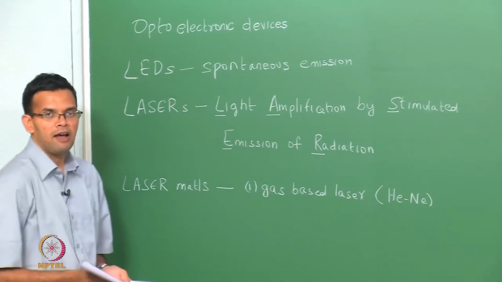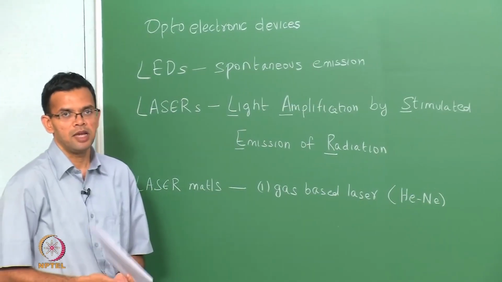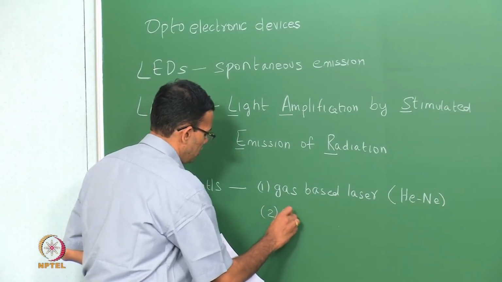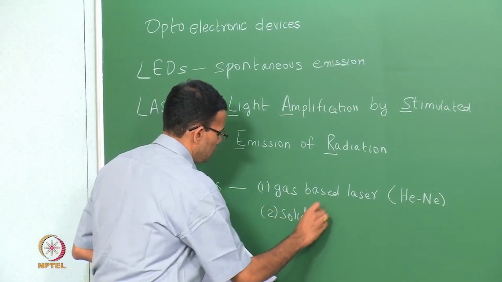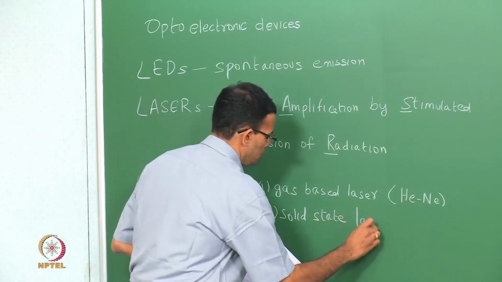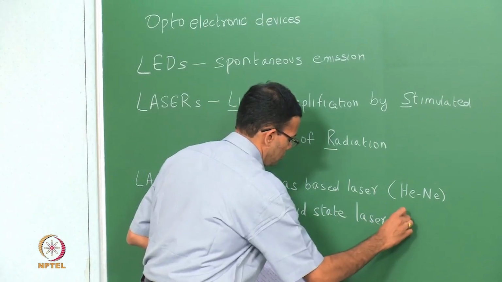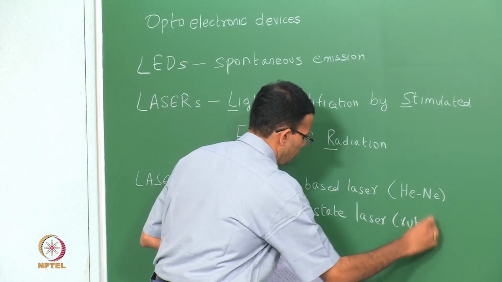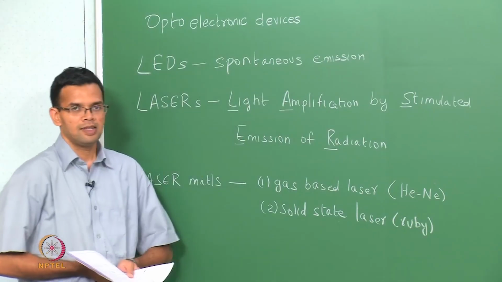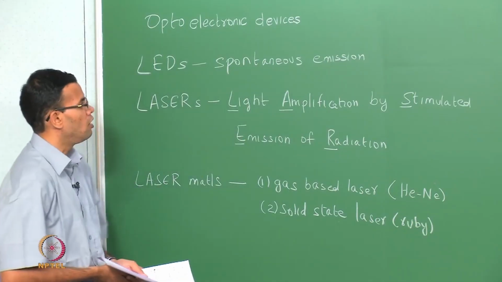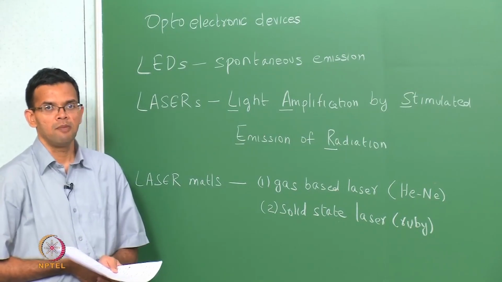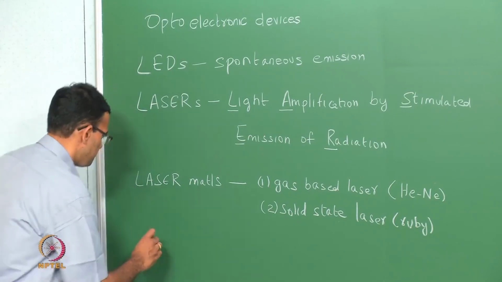You could also have a solid state laser, but based on a material that is not a semiconductor. For example, you have ruby lasers. In today's lecture, we are going to focus on lasers, but specifically on semiconductor based lasers.